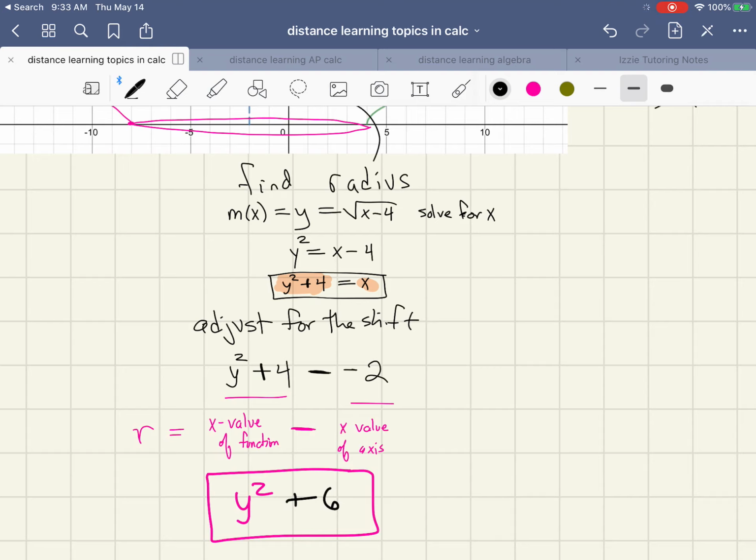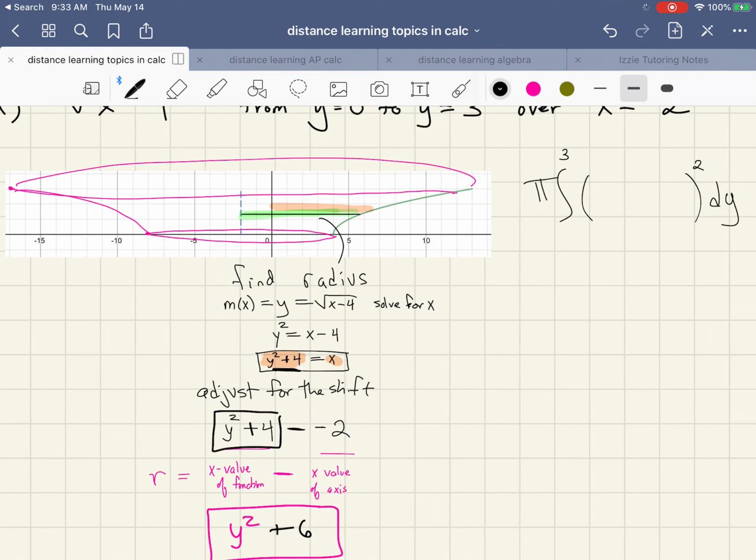So we take our y squared plus 4 equals x. Okay, y squared plus 4. So if we're at, let's say 2, square it, add 4, we get to the value.